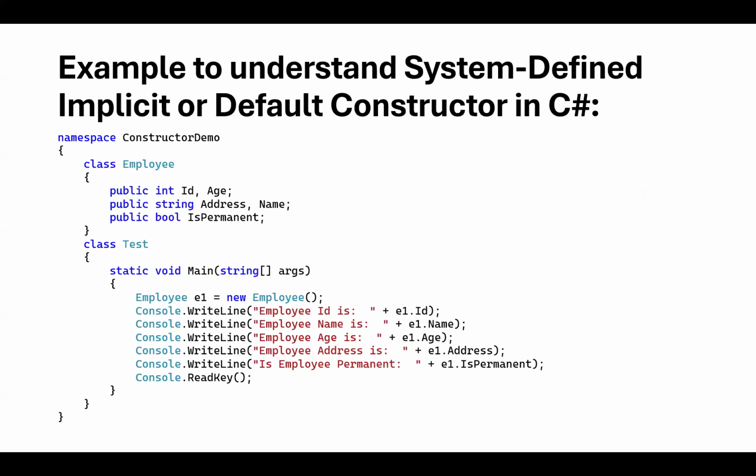Example, we have class Employee. We provide the following public fields: ID, int, and age, string, address, and name, and a Boolean type is permanent, it's the mode of work. After that, we create a new employee.